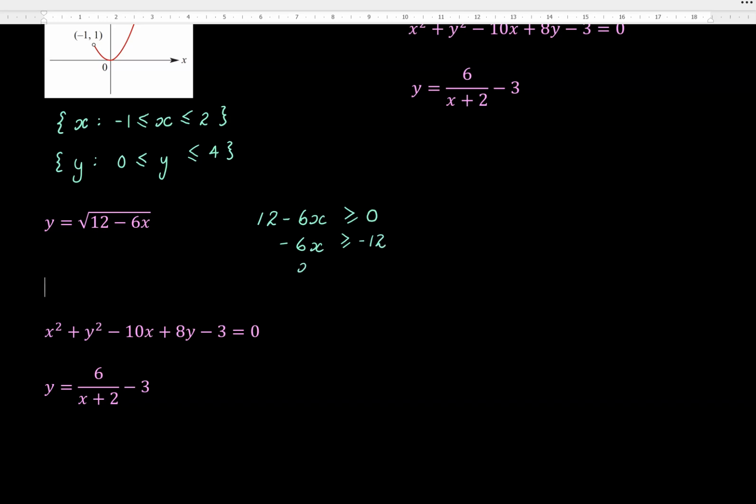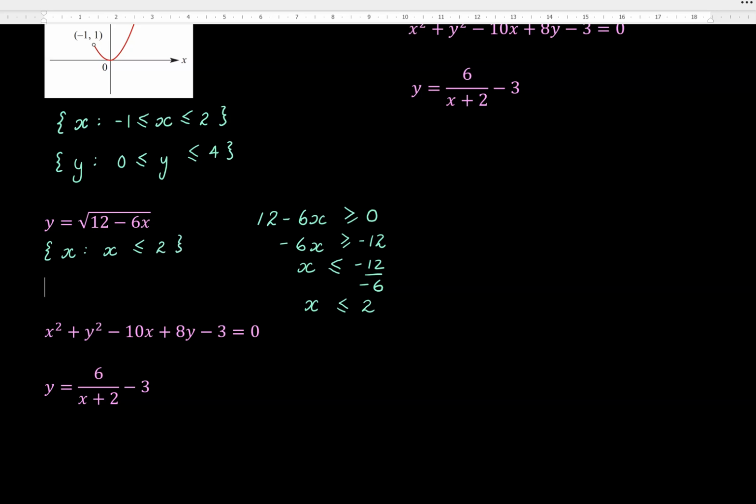Now to get rid of that times -6, we divide by -6, and we do remember when we're dealing with inequalities, if you multiply or divide by a negative, right? So I'm going to go this -12 over -6. Because I've divided by -6, I have to change the sign of the inequality. So do make sure that we say it's less than or equal to +2. So that's my domain, x. X is less than or equal to 2.